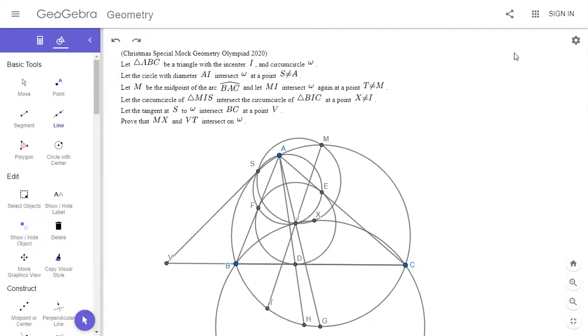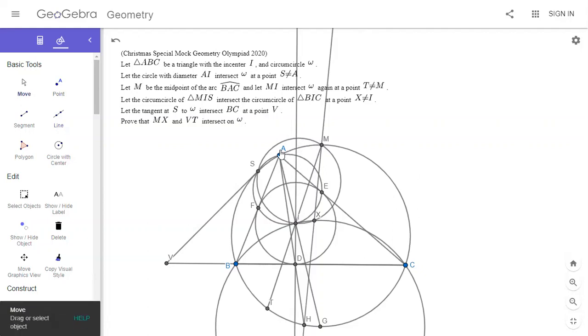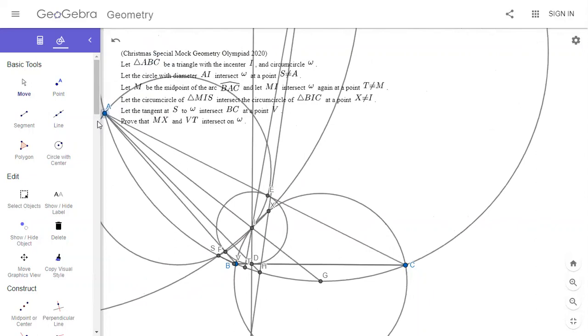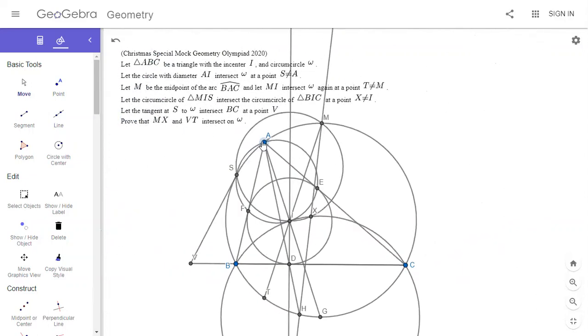Michael, the lines MX and ID intersect on the circumcircle of BIC. Does it help on something? Oh, they intersect on the circle, is what you're saying. Yeah, no, I see what you're saying.